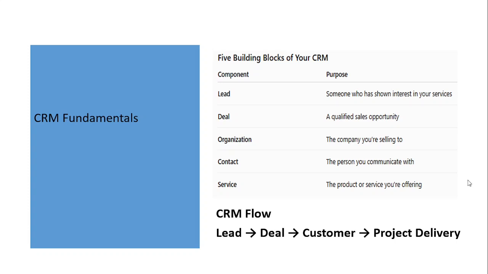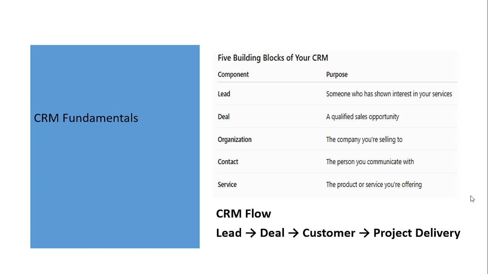Once you've spoken with them and confirmed they are a good fit, the lead becomes a deal. A deal is a real sales opportunity that moves through stages such as meetings, proposals, negotiations, and finally, the deal is won or it's lost.